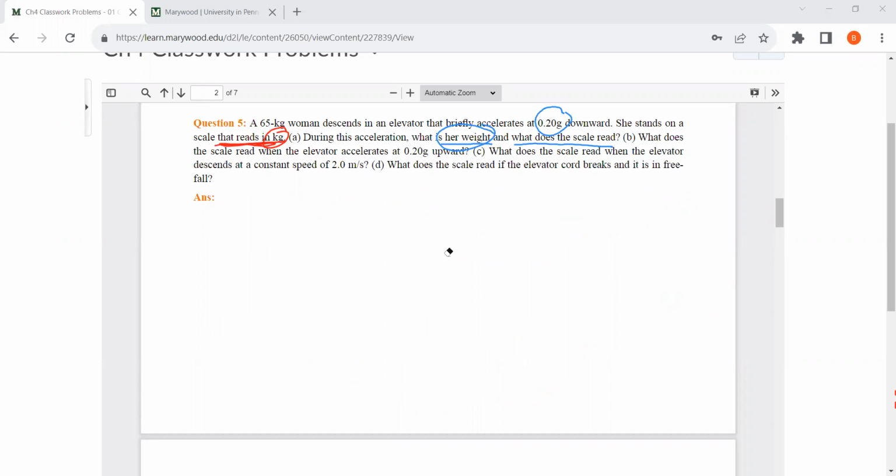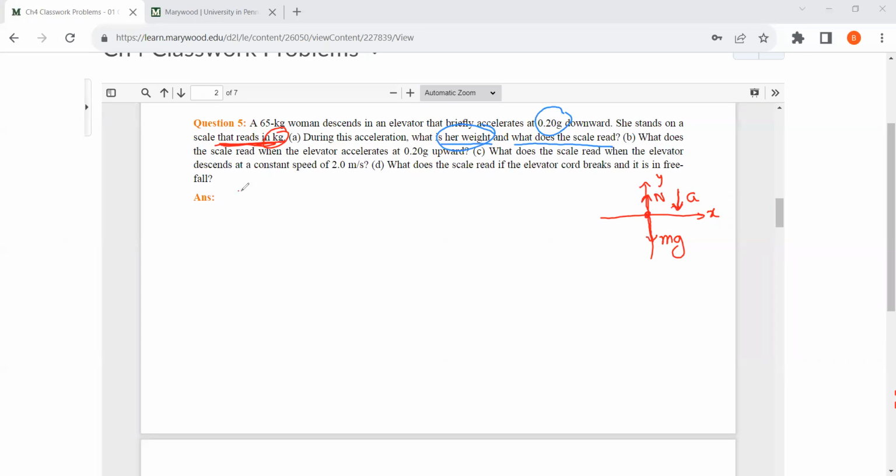If I draw the free body diagram for this lady, let me call our coordinate system y, x. The lady is here, her gravitational force, or her true weight, is this, and then this is the normal force, and the elevator is accelerating downward. Because it is moving downward, the direction of a should be downward.